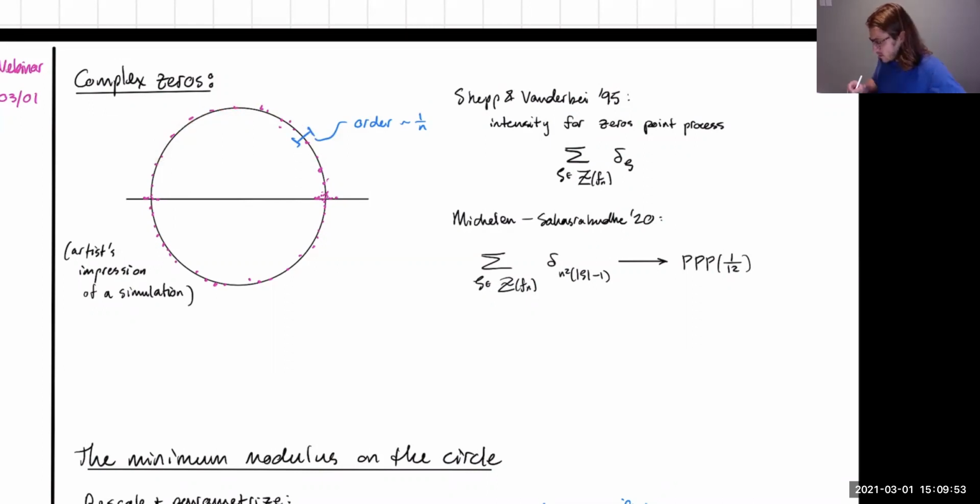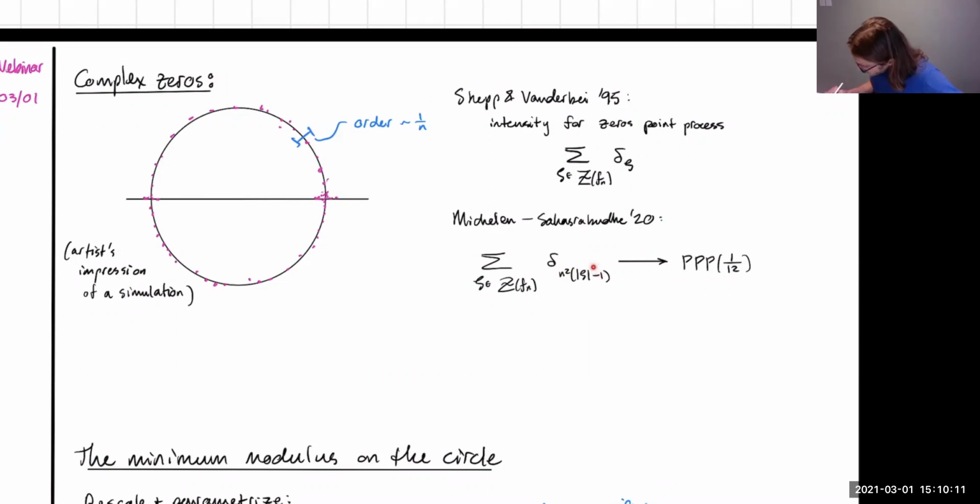If you have two points that are pretty well separated on the circle, then the polynomial behaves pretty much independently. And so it's like you have n independent chances to get something close to the circle, and so this distance should be at scale 1/n².